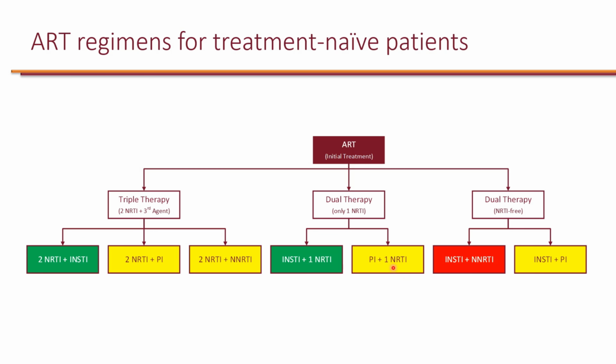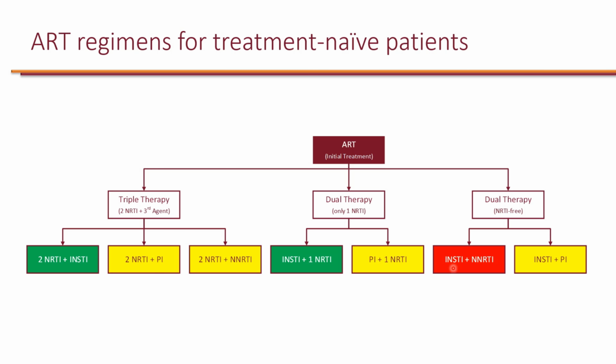You also have 1 nuke plus a protease inhibitor, which is alternative, and we'll talk about specific regimens shortly. You also have NRTI-free, or nuke-free, dual therapy. This is basically no nuke included in the regimen.